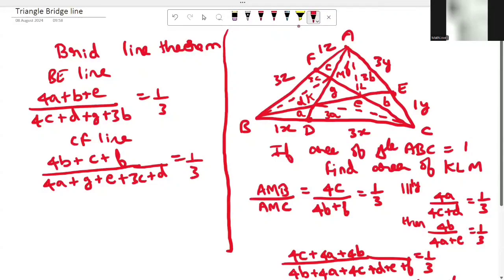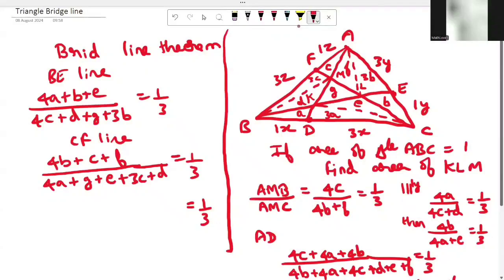The same equivalent ratio idea: if I add the numerators and add the denominators, I'm still going to get 1 by 3. So let's see that. This was written for the line AD.